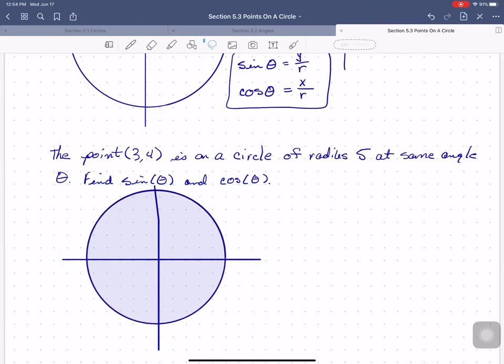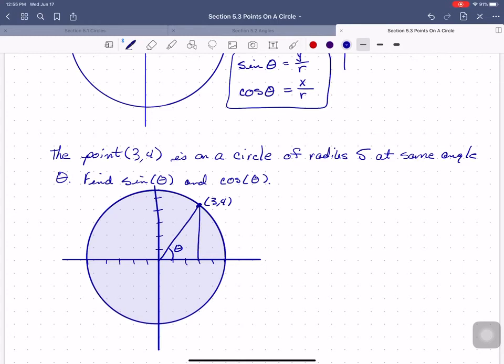Okay, there we go. So I just adjusted it so my grid is 1, and I've got a circle of about radius 5. 1, 2, 3. So this is my point (3, 4) on my circle, and this is my angle theta.